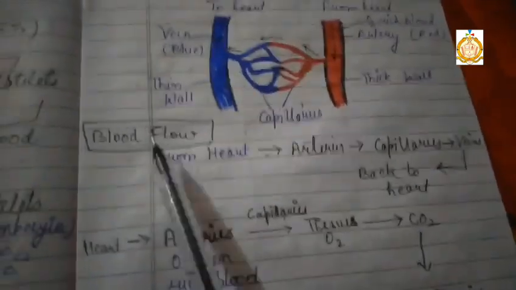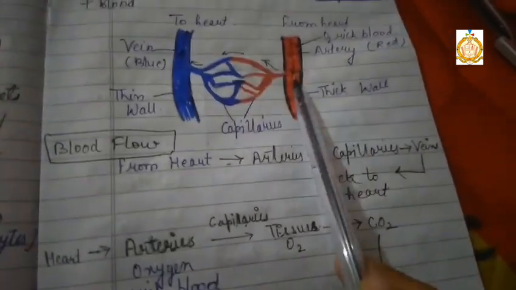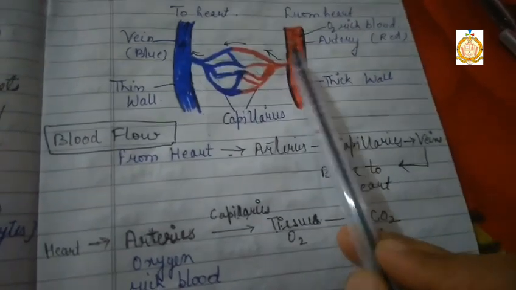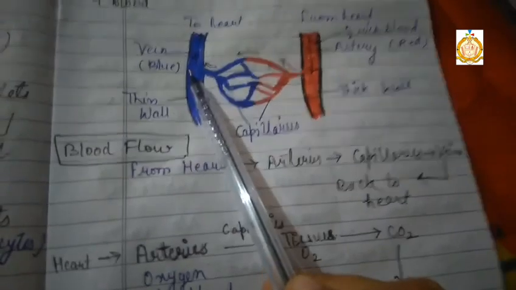So this is how the blood flows from the heart to the arteries, then to the tissues, then to the capillaries, and after that into the veins, and then back to the heart.